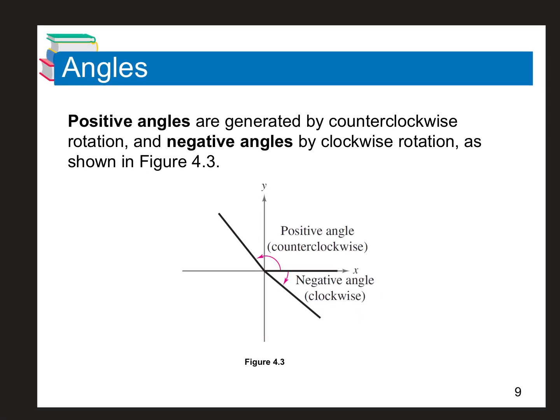All right, I just talked about that, positive and negative angles. We use the terms clockwise and counterclockwise, but sometimes that can be confusing, so I always say up and down. A positive angle starts here at the x-axis and goes up. A negative angle starts at the x-axis and goes down, the way you measure it. Everybody see that? Okay.